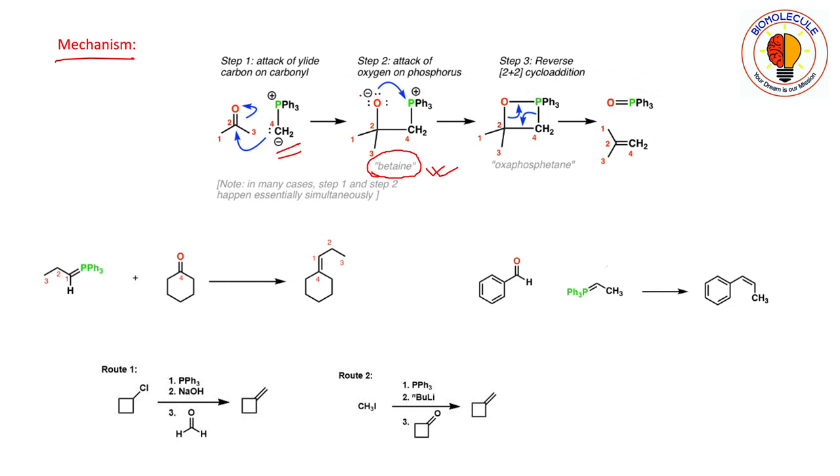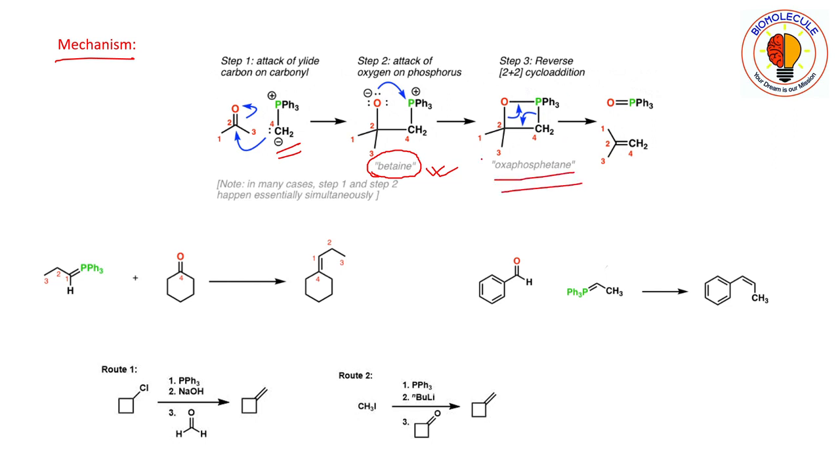Now this oxygen has a negative charge over here and phosphorus has a positive charge, and phosphorus shows hypervalency. So the oxygen can attack the phosphorus atom. Now this oxygen atom will attack the phosphorus atom and what we will get is an oxaphosphetane.